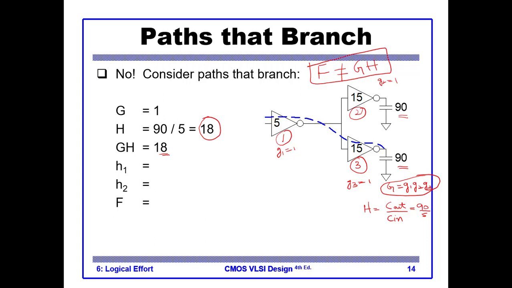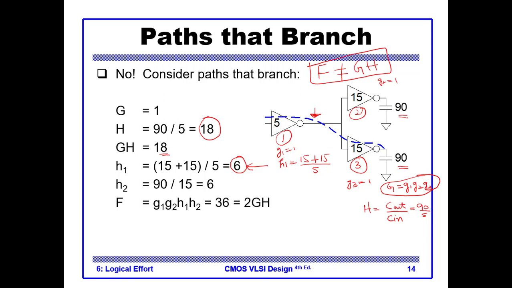Now let us calculate what is H1. H1 is basically the fan out of this one, so what is the capacitance here? The capacitance here is basically 15 from inverter 2 and 15 from inverter 3, divided by the input, which is 5. So we get 6. Similarly for the other one, H2 is 90 divided by 15, which is 6.